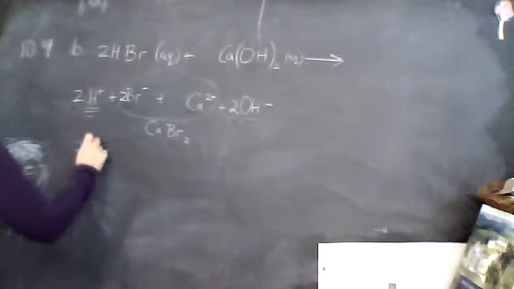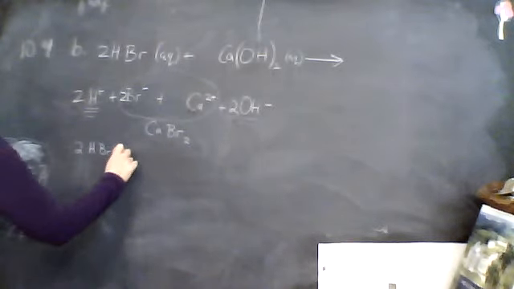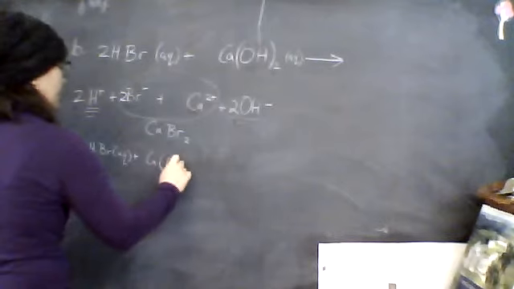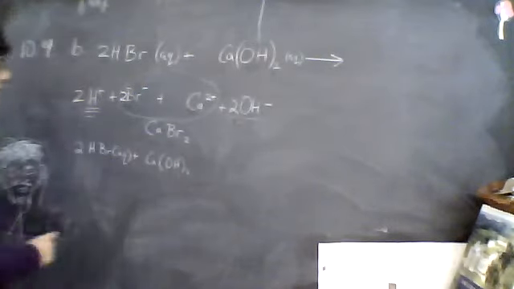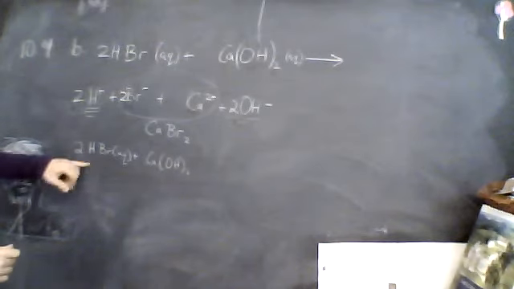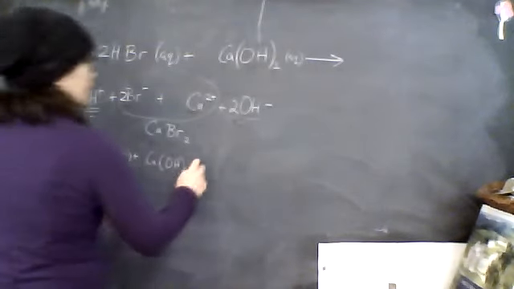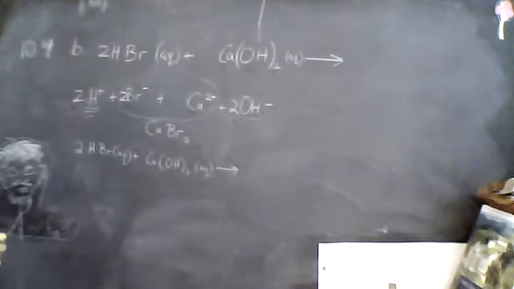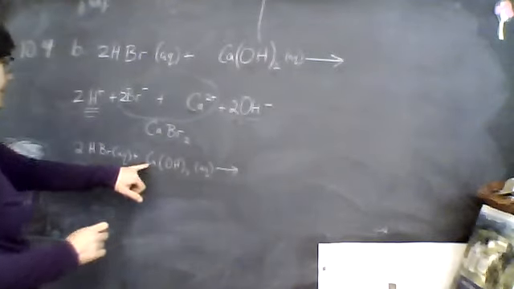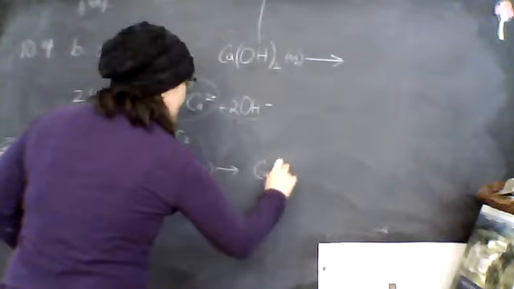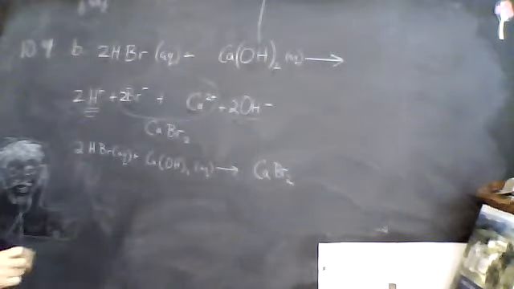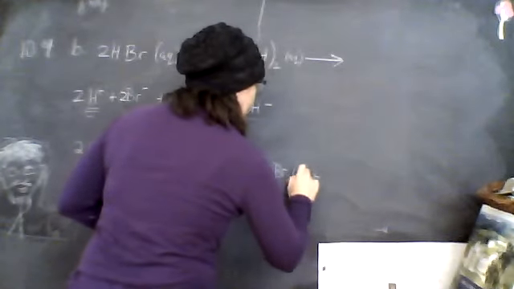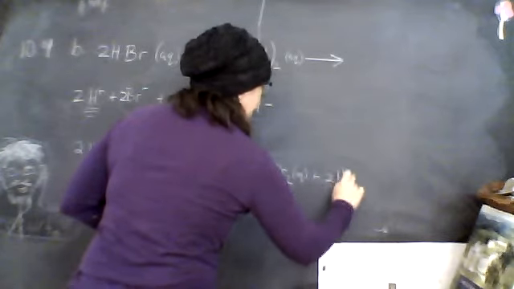It's going to be 2HBr aqueous plus Ca(OH)2, also aqueous, yields CaBr2, aqueous, plus 2H2O, which is liquid.